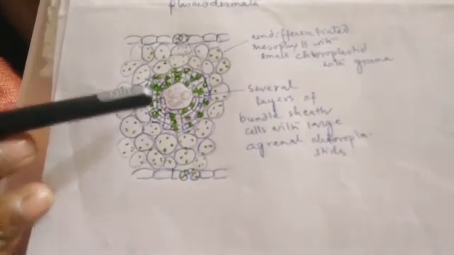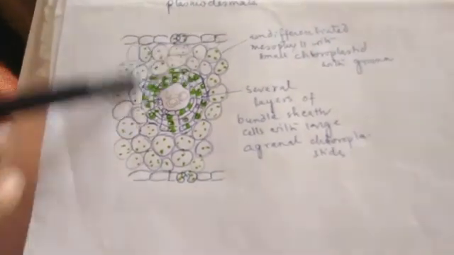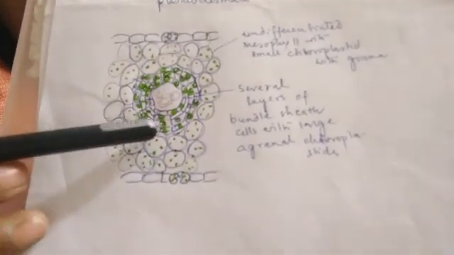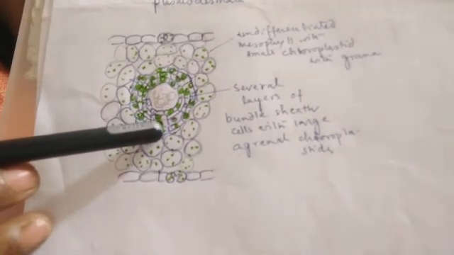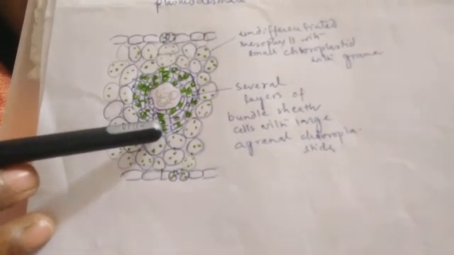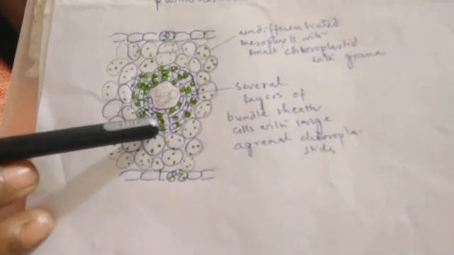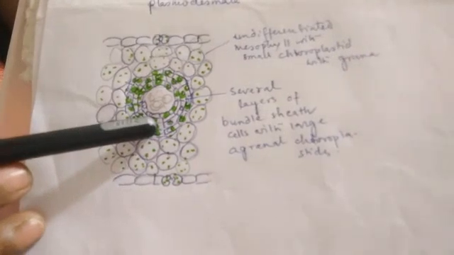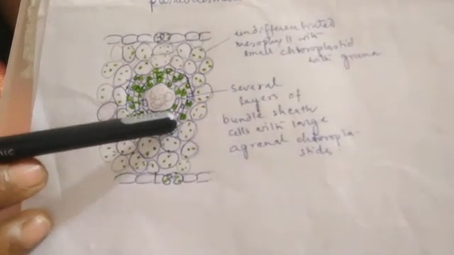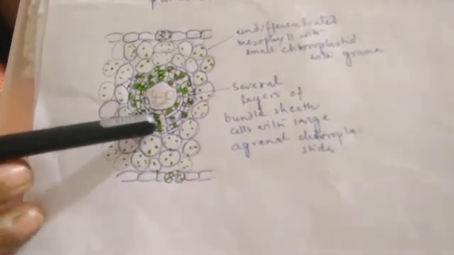Clear? And Rubisco is absent in the mesophyll cells. Whereas Rubisco, that is ribulose bisphosphate carboxylase oxygenase, the enzyme, and RuBP, ribulose bisphosphate, are present in the stroma in the bundle sheath cells.